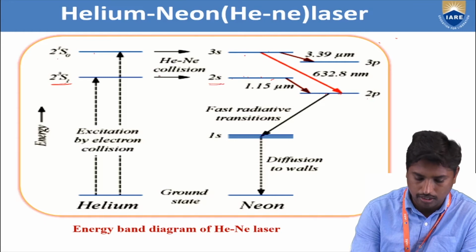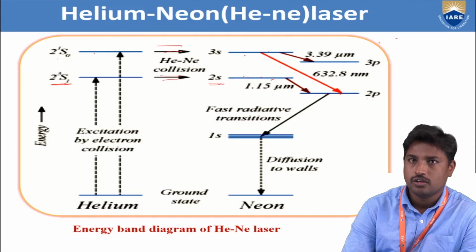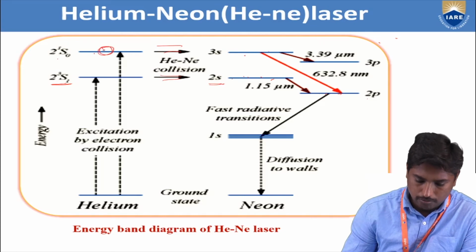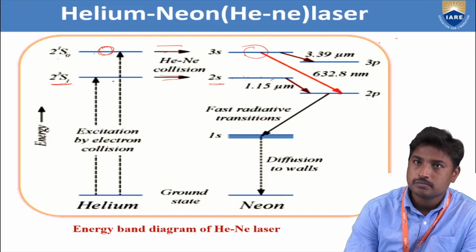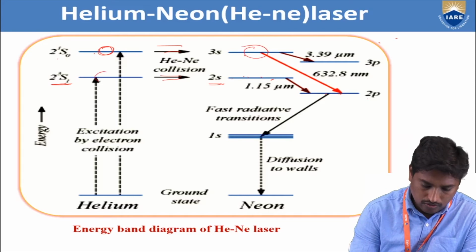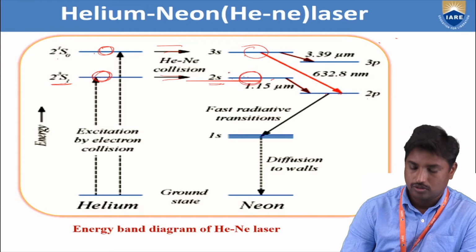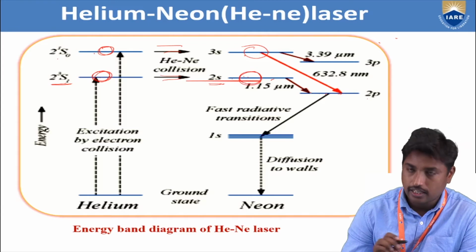That's why I am representing them equally here. So these helium particles are used to excite the neon particles from the ground state to 3s, and these 2,3s helium particles are used to excite the neon particles from the ground state to the 2s energy level. So we achieve population inversion here and here.